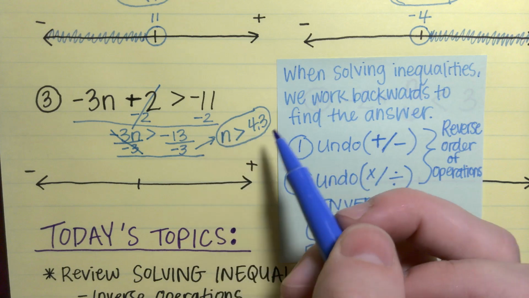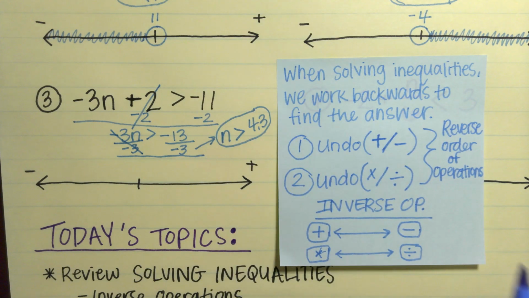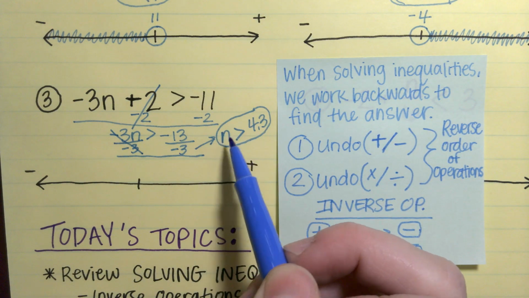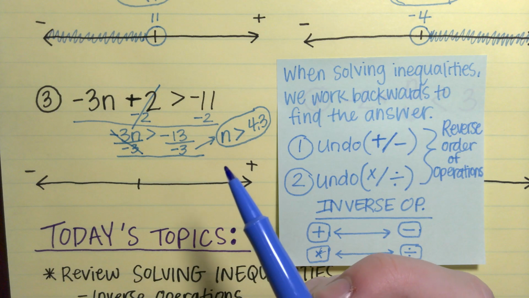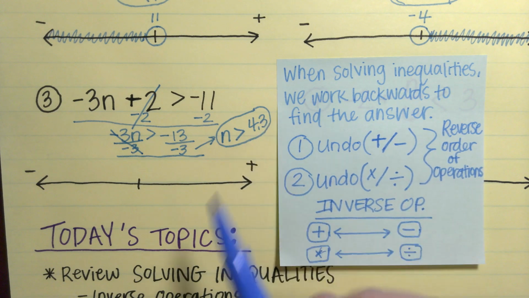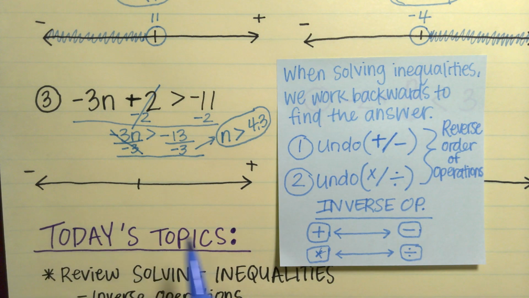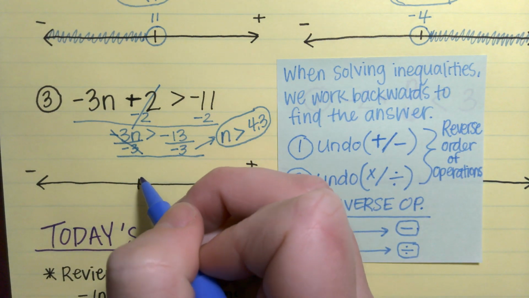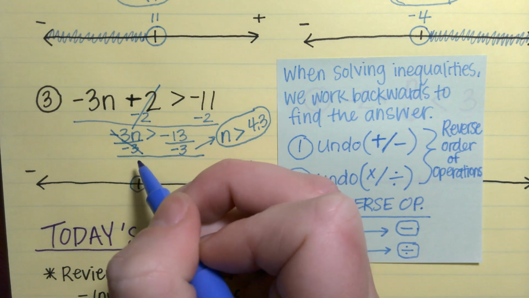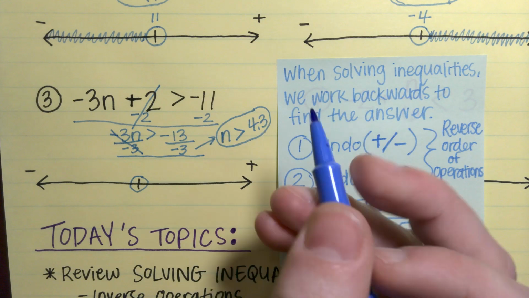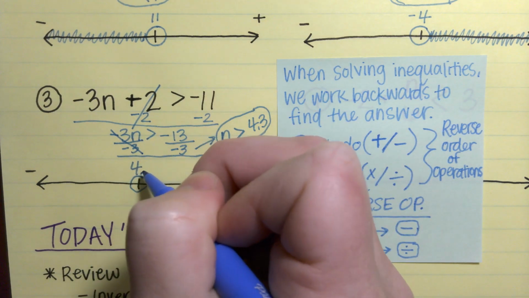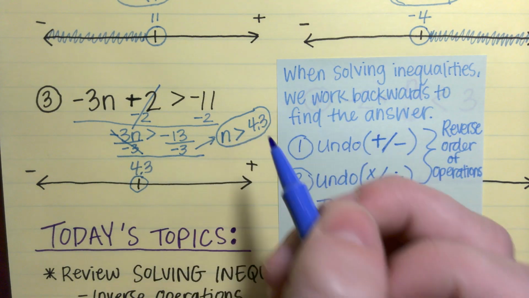So what that means in a reasoning type of way is that n, the variable n, could be any number that is bigger than 4.3. So how can we show that visually on our graph? Yep, we're going to circle our tick mark. What number are we putting here? 4.3. Good, because that's the number that we are comparing n to.